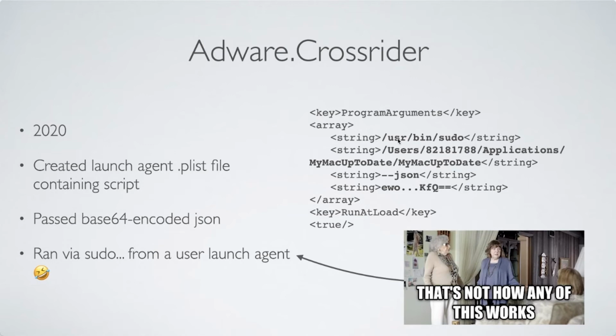What's really interesting is that it tried to run it using sudo from a user launch agent, which doesn't make any sense at all. That's not how that works. You can't just throw sudo into a launch agent and expect it to work. So that was kind of amusing, and another example of this use of scripts in weird places.